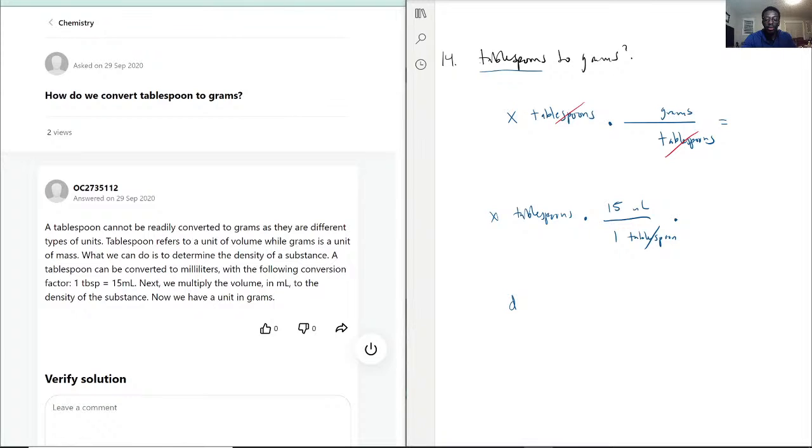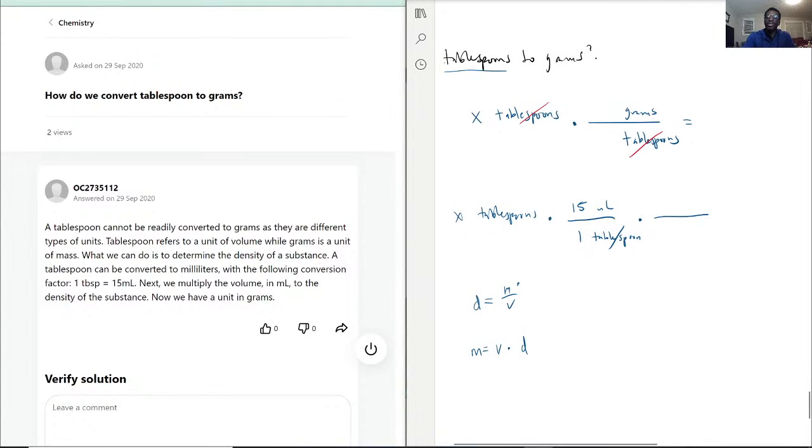Density is mass over volume. So with that being said, if we wanted to find mass, that's a key part, we have mass is equal to volume times density. So then that means whatever we're measuring, we need to know the density of that object.